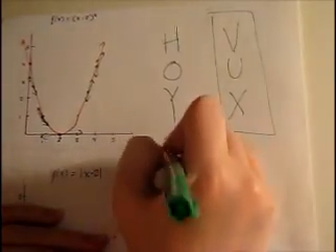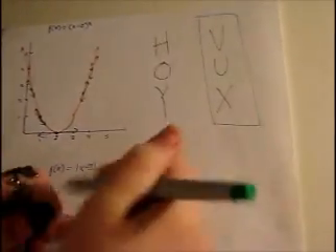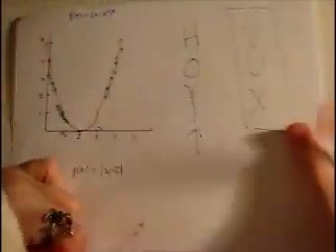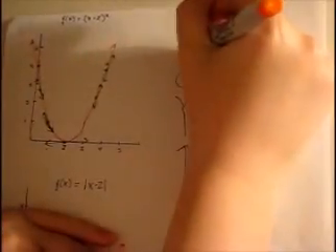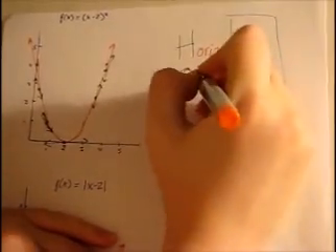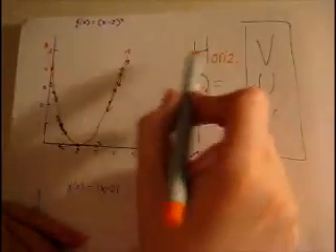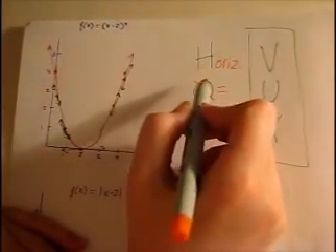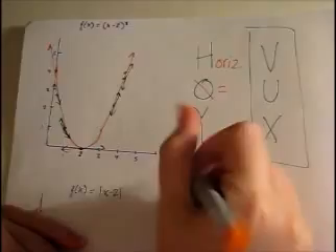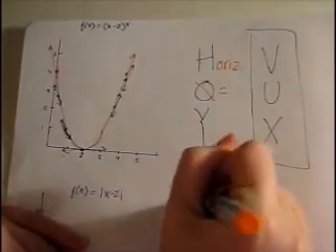But right now we're going to focus on HOY. HOY stands for horizontal: 0 equals y. So what this is saying is that when you have a horizontal line, the equation is y equals 0.